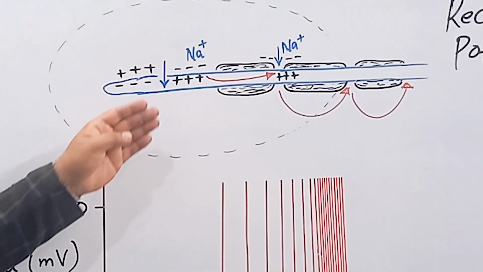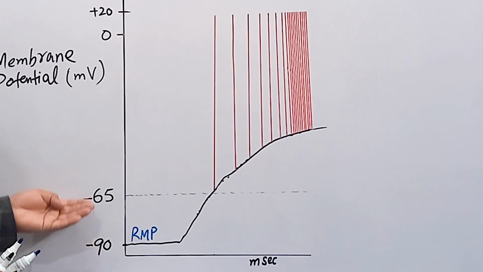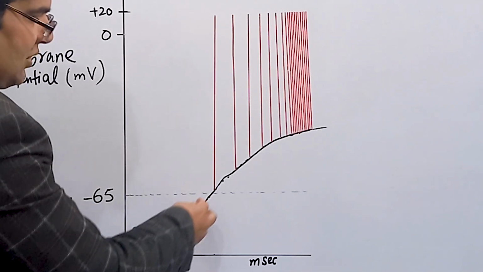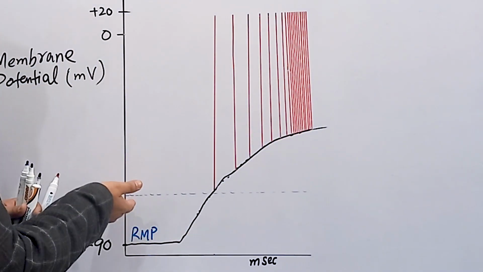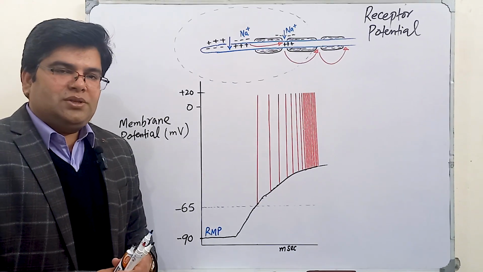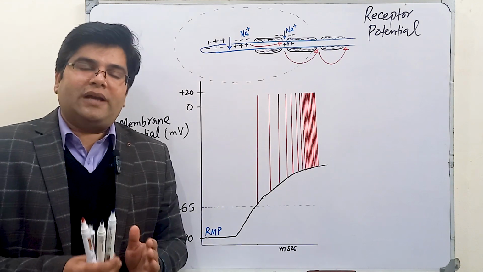Now this change in the membrane potential, which is movement from resting potential towards less negativity or more positivity, is called receptor potential. So here this is receptor potential, which is moving from the resting value gradually towards less negative or towards more positive value. This is also called generator potential. Here we must not confuse that receptor potential is not a true action potential.